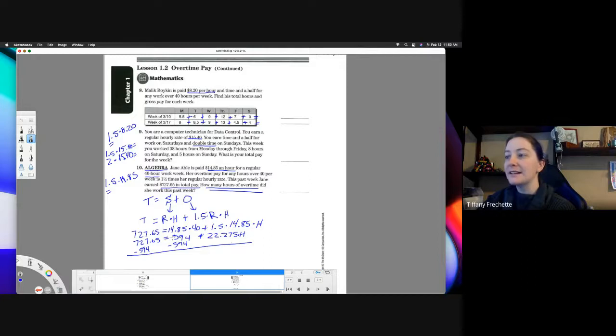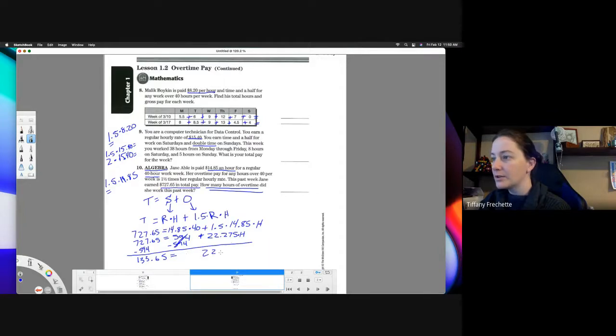The one that's being added is the other number that's not attached to the H. So this one, there's not a plus sign in front of it, but we're adding 594 on this side. So we're going to subtract it from both sides, and we're left with 133.65, and that's going to equal these two cancel, which is what we wanted to happen.